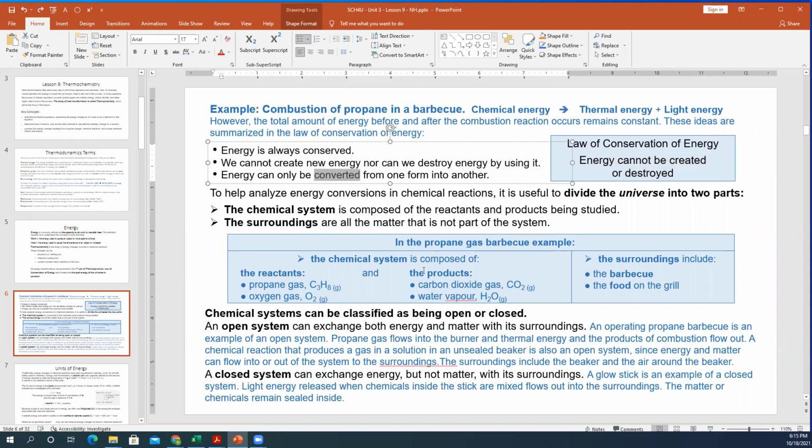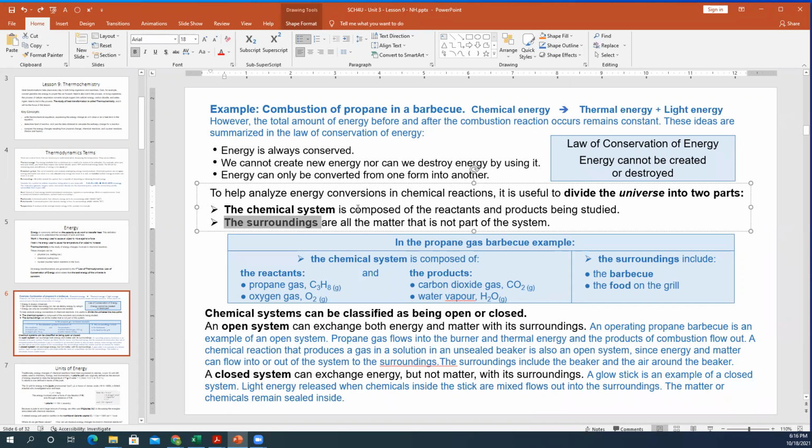So to help us analyze energy conversions in chemical reactions, it's useful to conceptualize the universe in two parts. And the two parts we touched upon when we were talking about our thermodynamic terms. The two parts are the chemical system, and the second part is the surroundings.